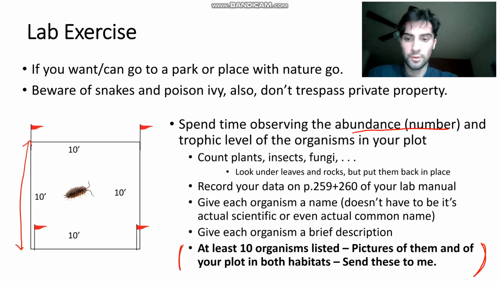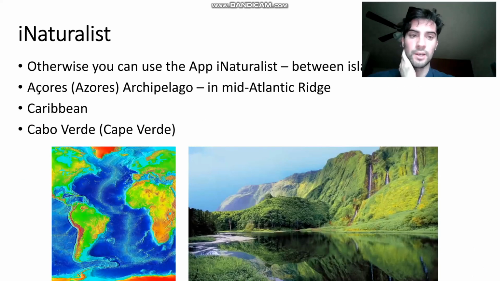Okay, and then you want to record this data on pages 259 and 260 of your lab manual. Give it a species name. If you can't find the name on iNaturalist, then you can name it yourself. Just make something that makes sense, and then give a brief description of the organism. Okay, and I will show you in a second more details about this.